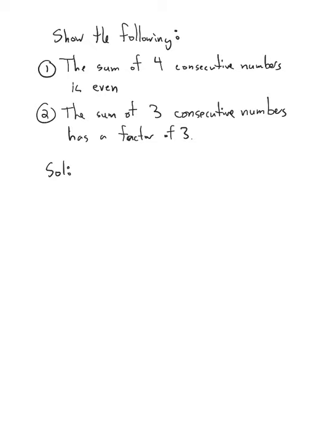So the first one, we need 4 consecutive numbers. So let's start with the smallest one. Well, examples of consecutive numbers. Again, examples aren't enough to prove things because you're only showing it for those particular cases. But let's say we have 7, 8, 9, and 10. They're 4 consecutive numbers. Well, another example, 21, 22, 23, 24.